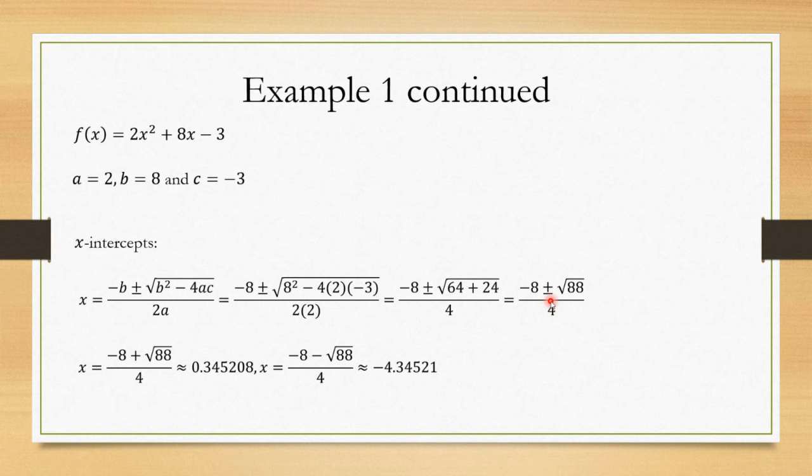We have negative 8 plus the square root of 88 over 4, negative 8 minus the square root of 88 over 4. Again, I just calculated these in decimal form. Once we do that, we basically have everything we need.